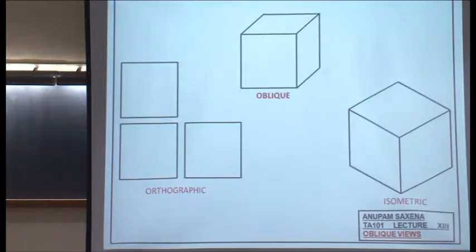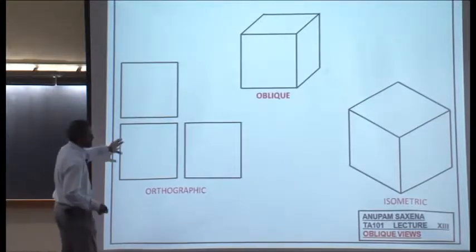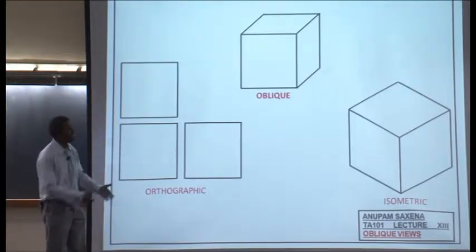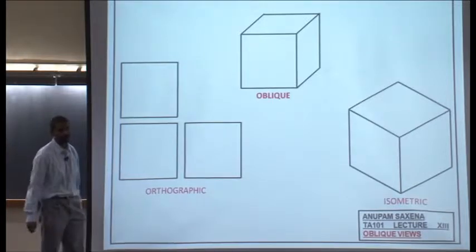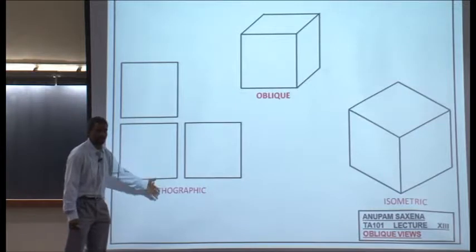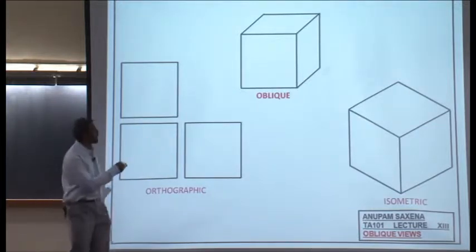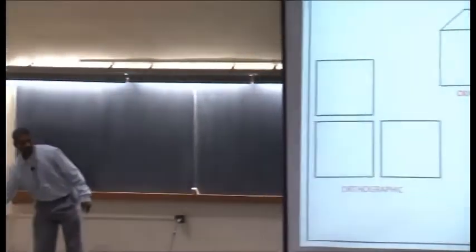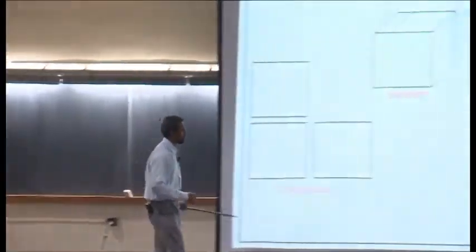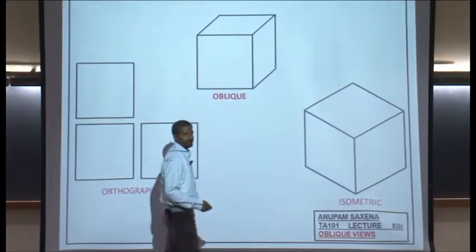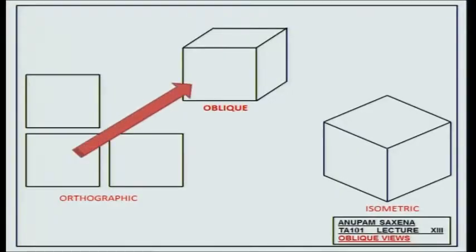Just imagine that faces which are parallel to the view plane, or parallel to the screen, get transferred directly in the oblique view, and you get to see the depth impression through the isometric views.